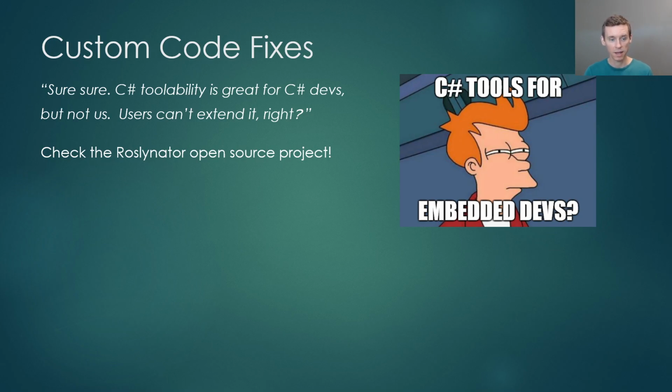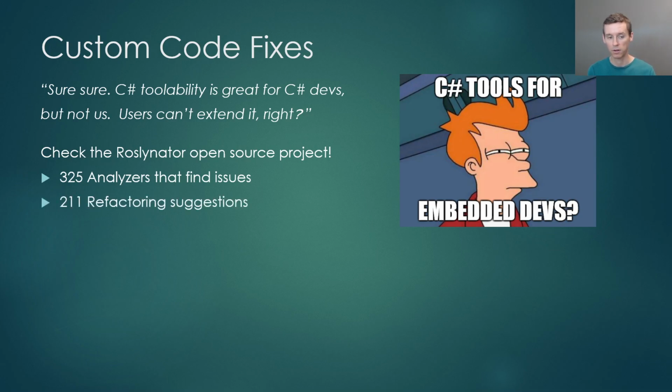And a really cool example, not specifically for embedded developers, but as an example of what's possible, there's a Roslynator project. It's not Microsoft owned or run, and it adds 325 analyzers that will find issues, 211 refactoring suggestions, 169 suggested fixes, like error and fixes.